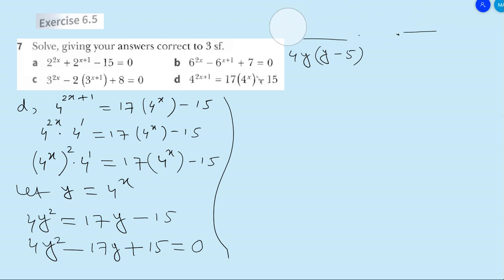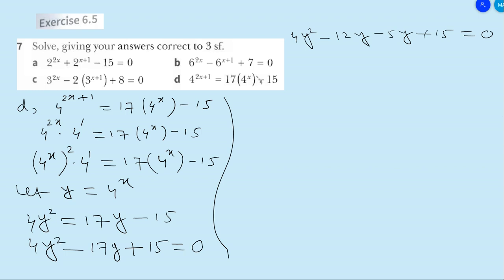What should be the other factors? 15 4s are 60, and 15 plus 4 is 19. So we have to make 12 5s are 60, and 12 plus 5 is 17. So 4y square minus 12y minus 5y plus 15 is equal to 0.